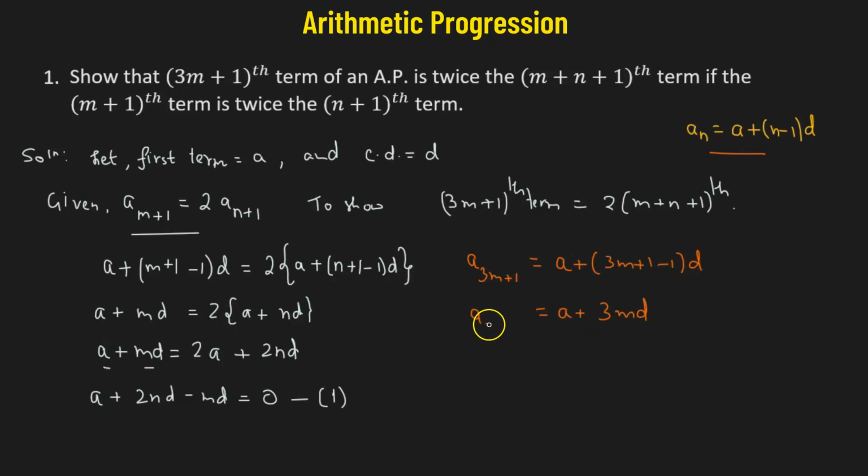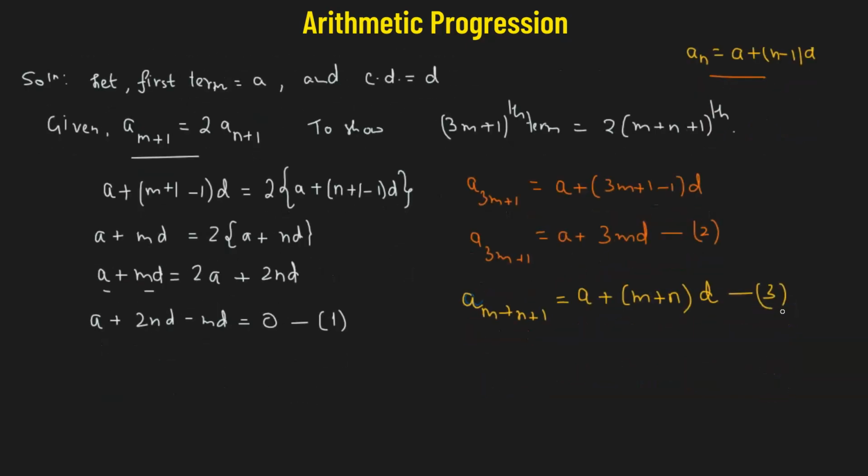This is our 3m plus 1th term, and we'll label this as equation number 2. Then we have the m plus n plus 1th term, which equals a plus m plus n plus 1 minus 1, so simply a plus m plus n times d. This is going to be equation number 3.